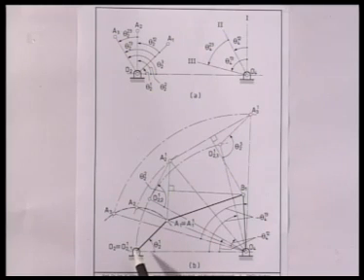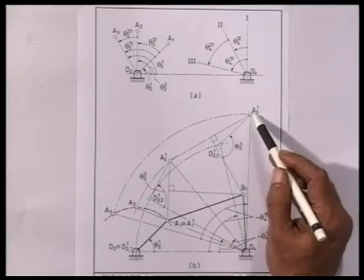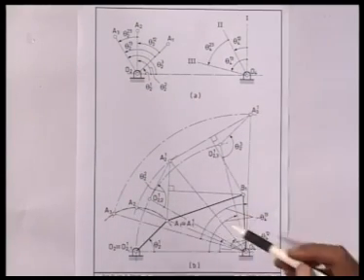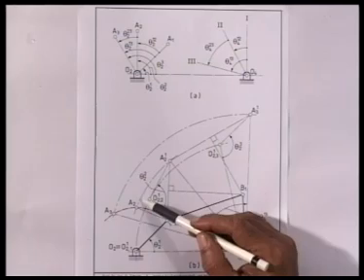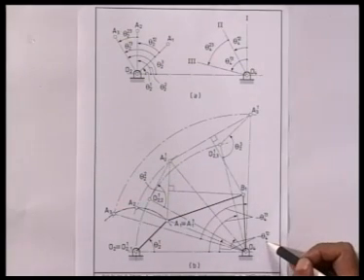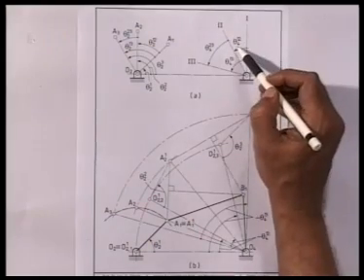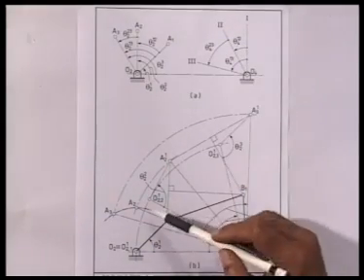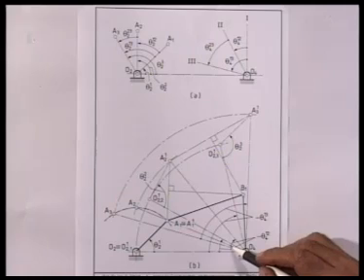To determine B1, we considered the inverted positions of A2 and A3. We obtained the inverted position by rotating O4 A2 through an angle minus theta 4 1 2. Theta 4 1 2 was counterclockwise, so minus theta 4 1 2 is clockwise.